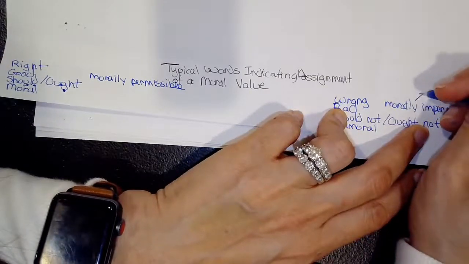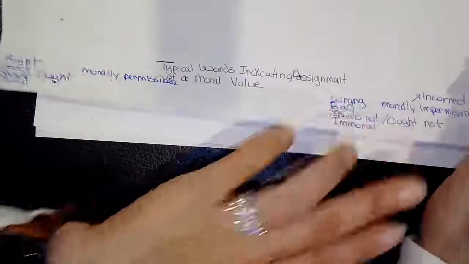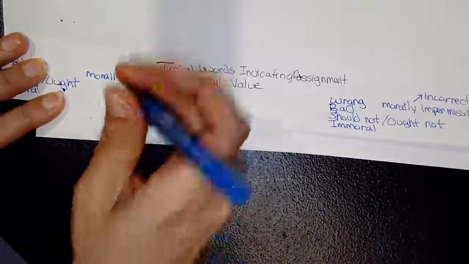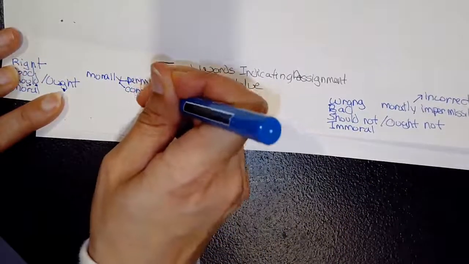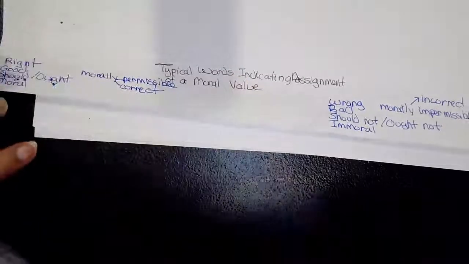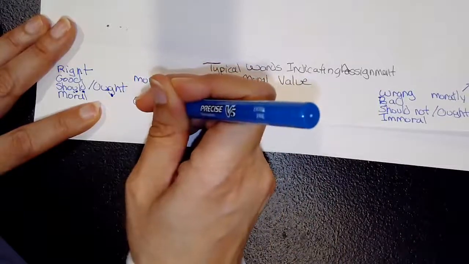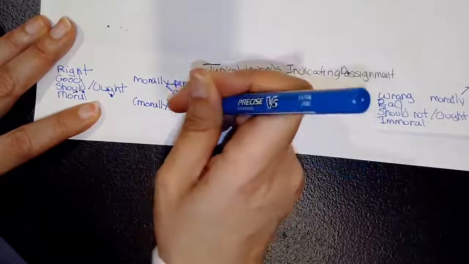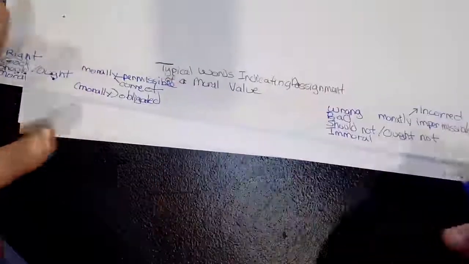You could also have morally incorrect. So just like you could have morally incorrect over here, you could have morally permissible, but you could also have morally correct. Another word that you could have over here is morally. Sometimes it's there, sometimes it's not. Morally obligated, sometimes you'll just see obligated. Okay.